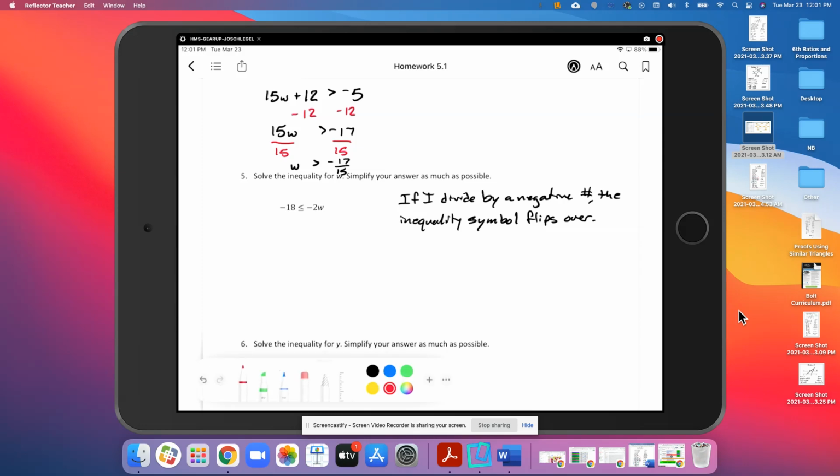That's the case right here, folks. We are going to be dividing by a negative 2. And so that inequality symbol is not going to be facing that direction anymore. It now is going to be pointing the other direction.